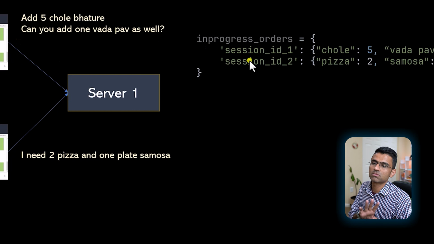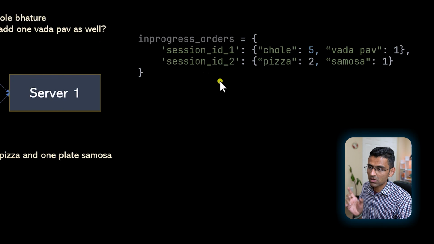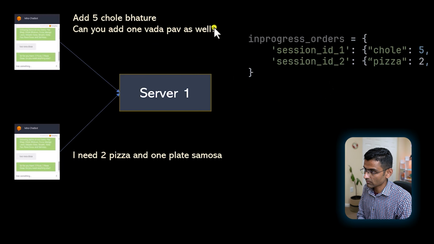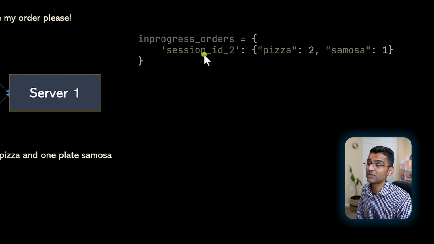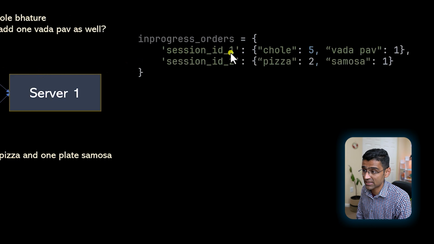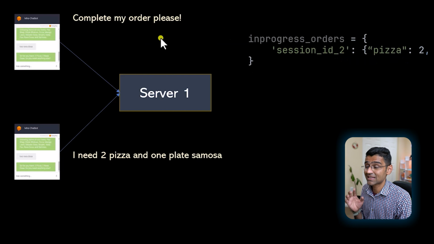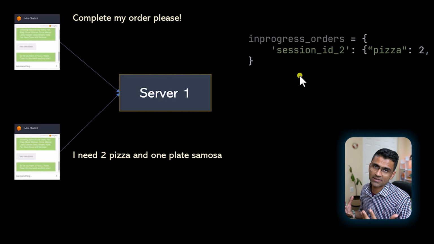Per chat window, that is a session ID, and the order for that session is stored as a value for that key in the dictionary. Now, this person will say complete my order. So we'll save the record in the database and we will remove that session ID. See, session ID 1 is gone here. It was there before, but when this says complete, at that time, we remove the session ID.